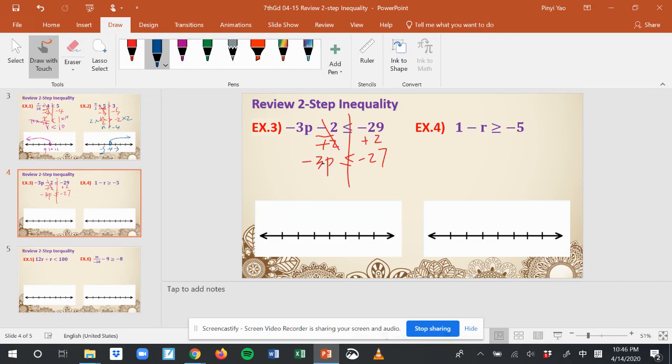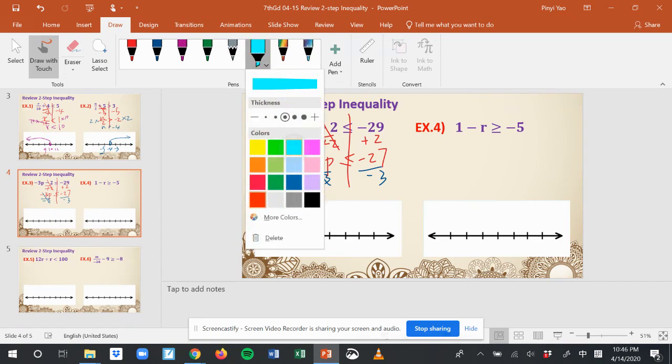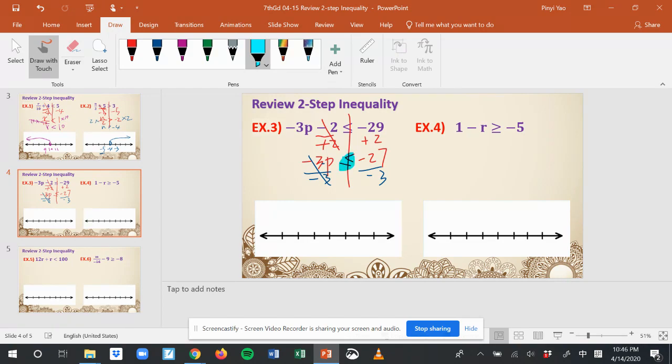So we now need to get rid of negative 3 by dividing both sides by negative 3. And since we're dividing by a negative 3, make sure that our less than or equal to sign is actually flipped. So that sign now is going to become a greater or equal to, so p is greater or equal to 9.